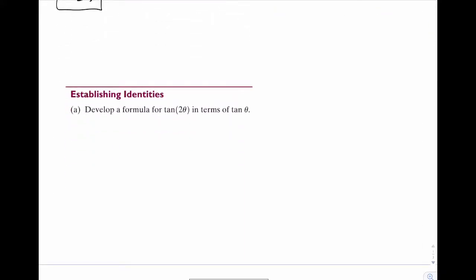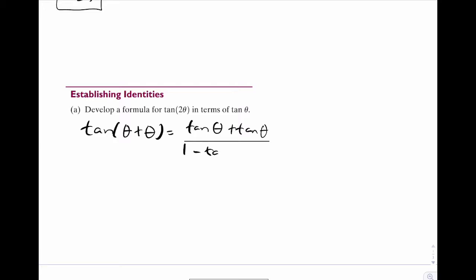Before that, it says establishing identities, figure out tan 2 theta. So over here, let's just write this as tan of theta plus theta. So let's write out tan theta plus tan theta, all divided by 1 minus tan theta times tan theta.